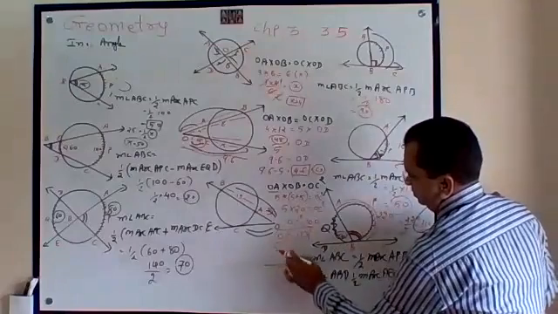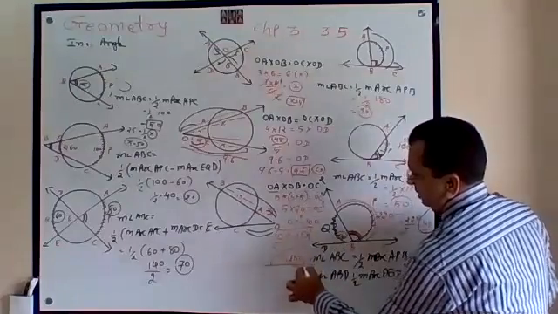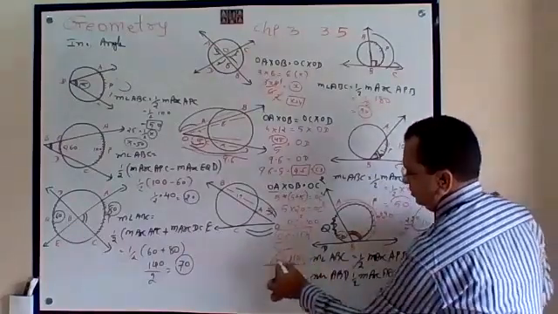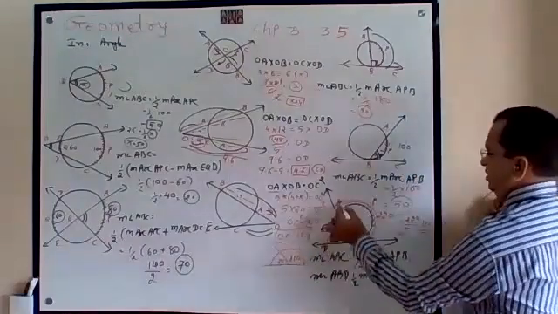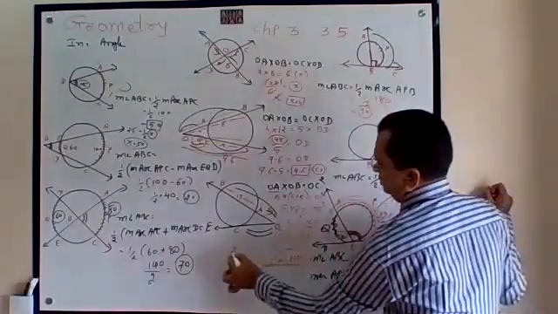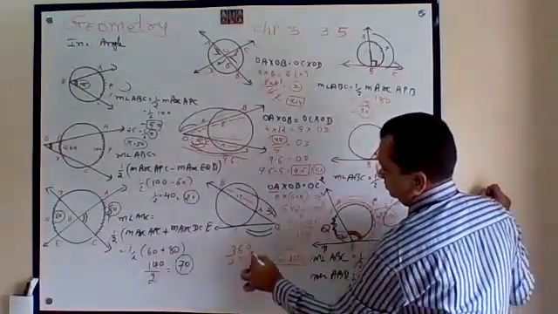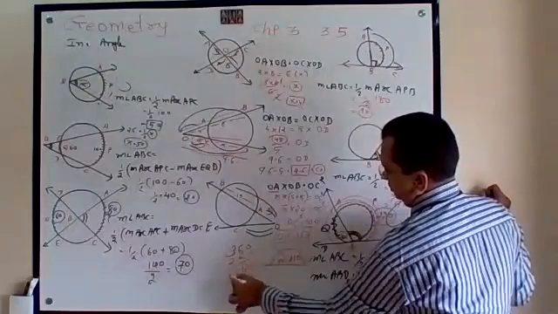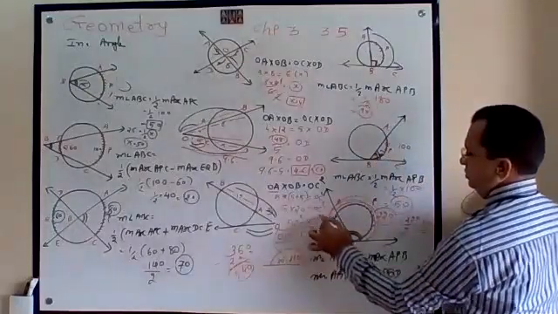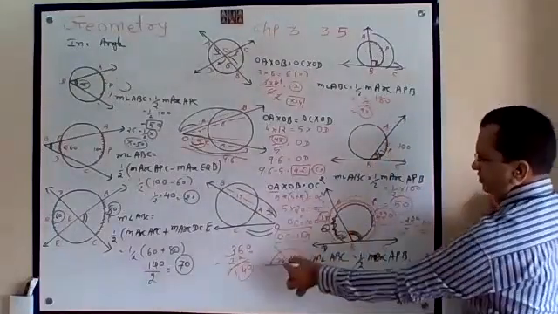It is 110 and total is 180. 180 minus 110, 70. Similarly, full circle is 360 minus 220. It is 140. Half of 140 is again 70.